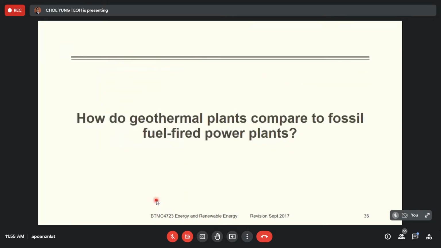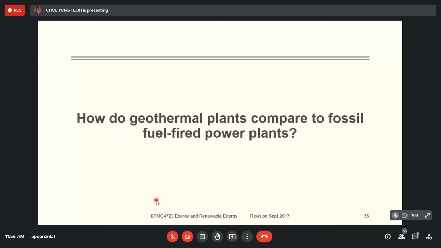How do geothermal power plants compare to fossil fuel power plants? Okay, if I compare them, you can see that both of them use steam to run the steam turbine. But how is the comparison? Okay, first of course, geothermal is renewable, and there is no burning.